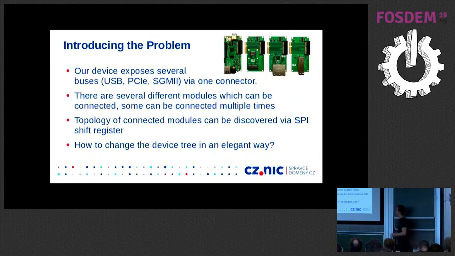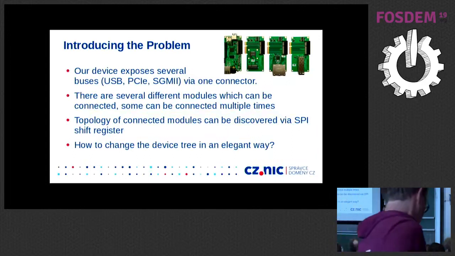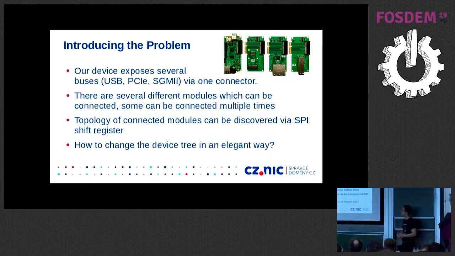Our device exposes several interfaces, like USB, PCI, and Ethernet via one connector. And there are several different modules which can be connected to the device. Some of them can be connected multiple times. For example, the switch module can be connected more times, and then you have multiple Ethernet ports.